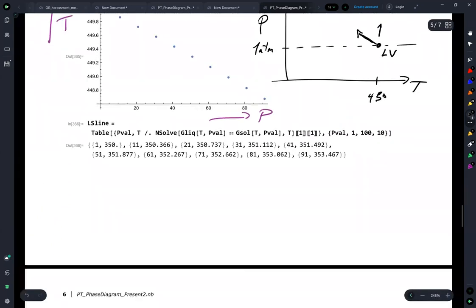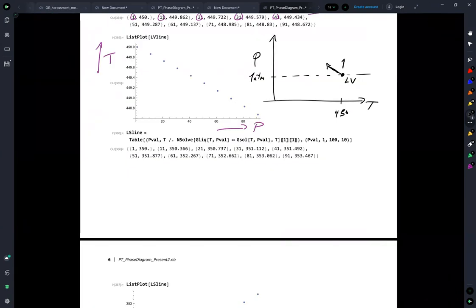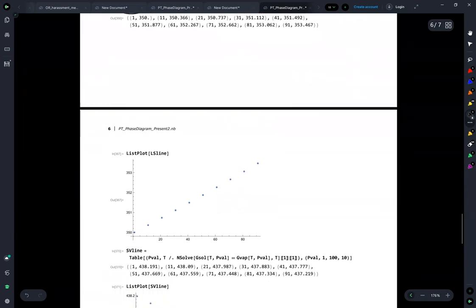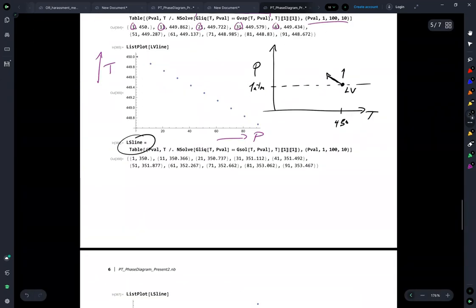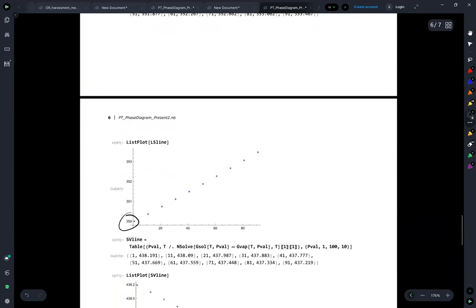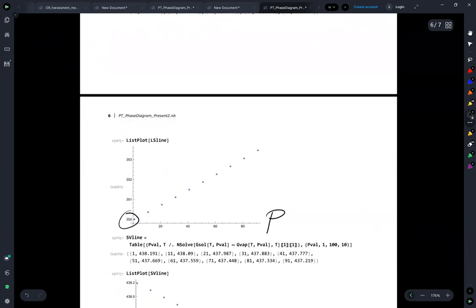Okay. And then here I've got the liquid solid line. So this one says that it's at 350. This says that as I increase the pressure, I increase the temperature.